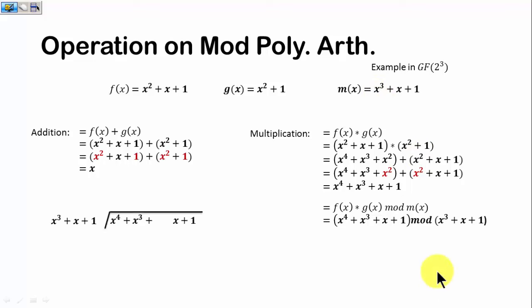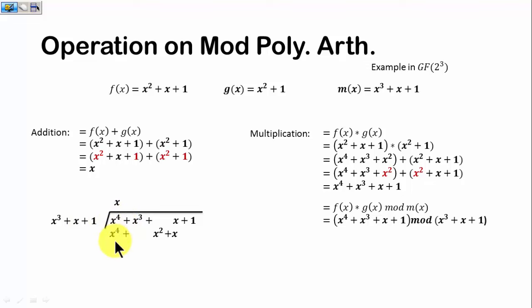So for the mod operation, you have to divide. For dividing, I have kept these voids deliberately because this is the place for x square, which we didn't have in the equation, so I am just leaving a space for it. So x cube plus x plus 1 goes x times to produce x to the power 4 plus x square plus x, right?